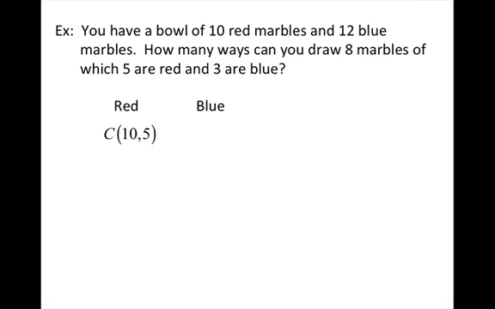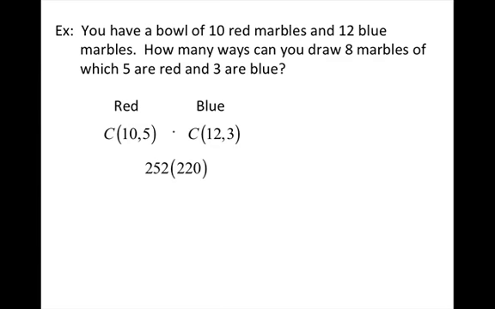So it's a combination of 10 choose 5. Of the 12 blue marbles, I'm selecting 3. So it's a combination of 12 choose 3. And I used combinations because the problem didn't tell me anything about the order being important. These actions are independent, so I'm going to multiply them.